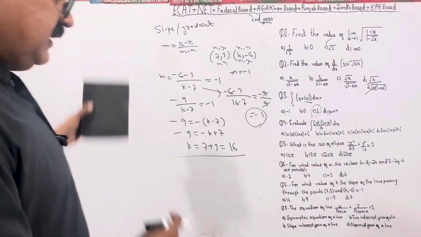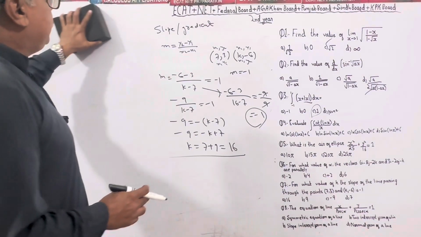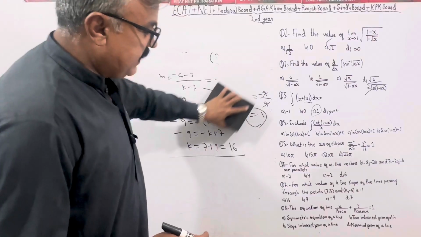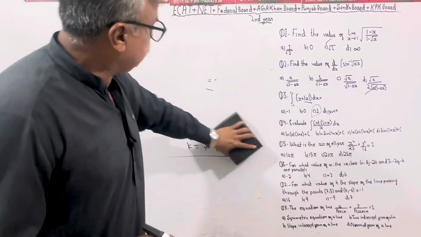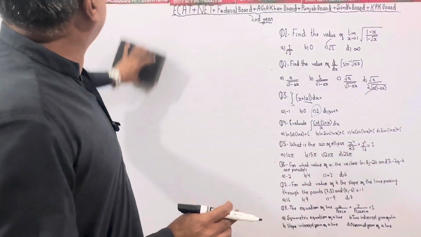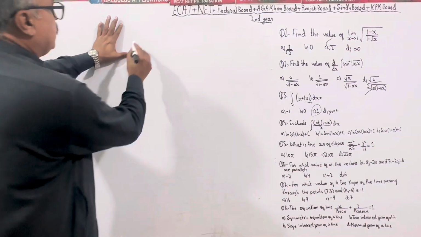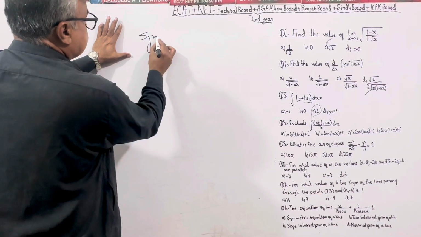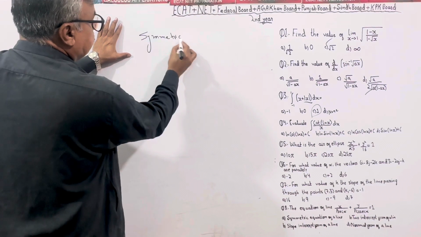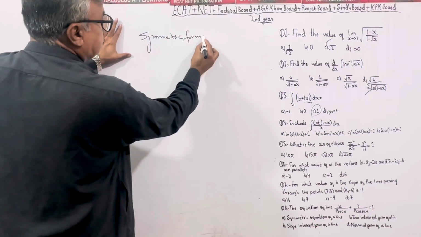Moving towards the final question based on the mystery or trickery of straight line. Let me give you a background of straight line. First, we have the symmetric form of a straight line in 2 dimensions.